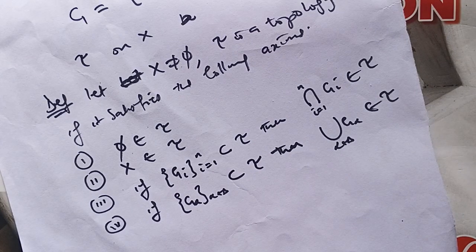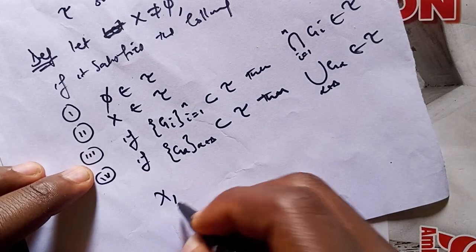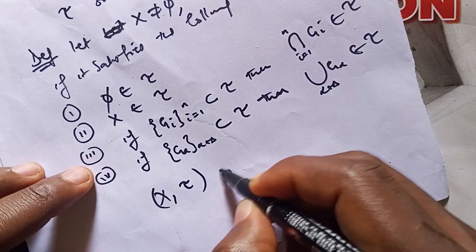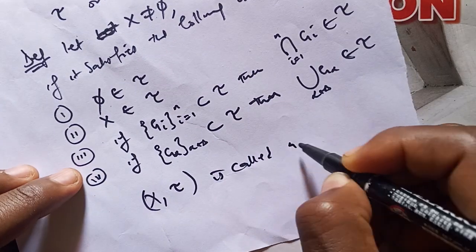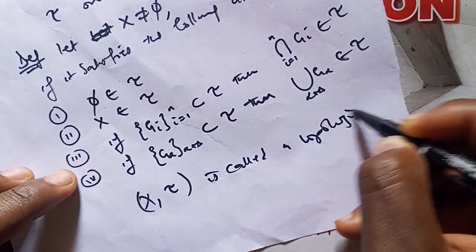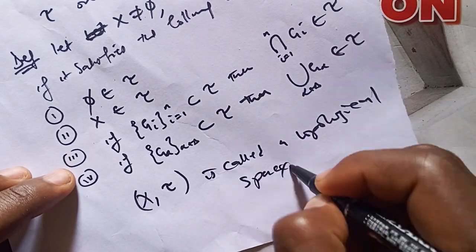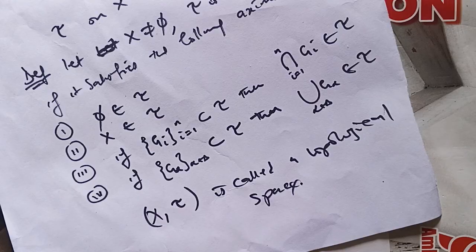Now, the pair (X, tau) is called a topological space. Please don't mind my handwriting. So this is actually called a topological space.